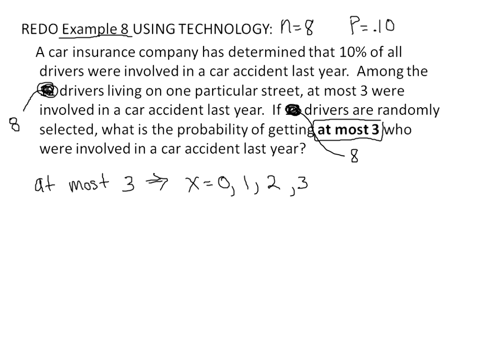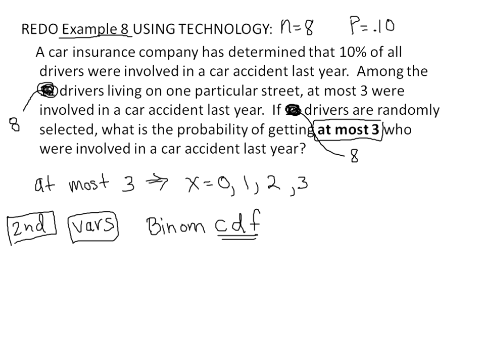At most 3. All right, so when you're trying to find the binomial probability and you're given more than one value of x, as is the case here, you're going to go to second vars, and you are going to select the binomial CDF. So the binomial CDF is if you have more than one value of x. All right, and the way you enter your information is going to be n, comma, p, comma, the largest value of x.